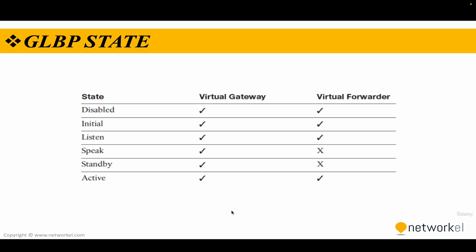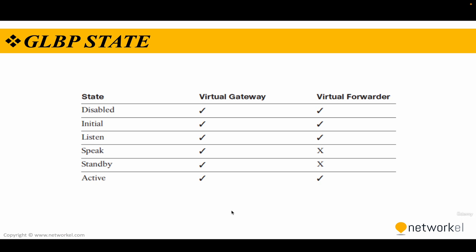In the initial state, the virtual IP is configured, but the configuration for GLBP is not yet complete. The corresponding interface must be operational at layer 3 and should be capable of IP routing. In listen state, hello packets are received by the virtual gateway. In speak state, the virtual gateway tries to be active or standby.